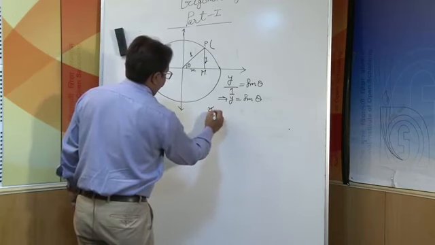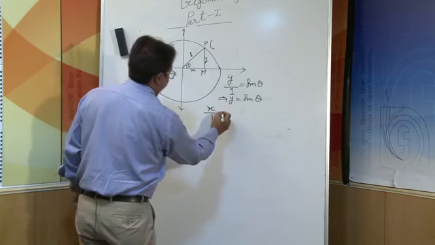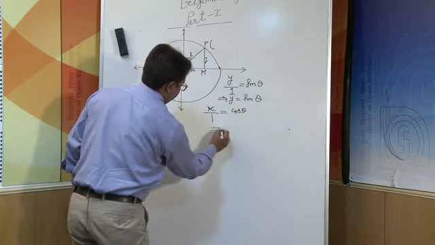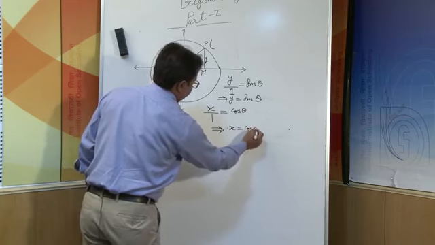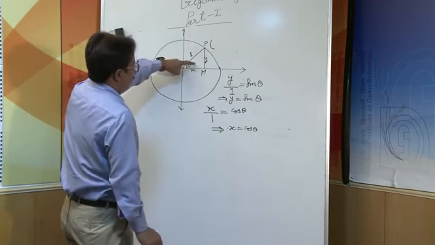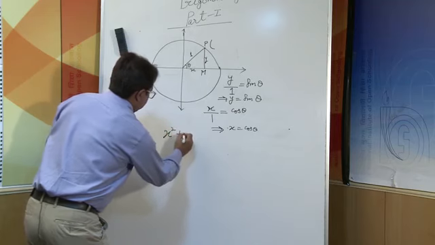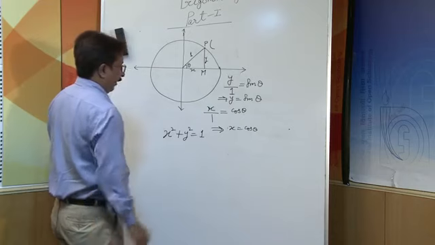Likewise, x upon 1, means base upon hypotenuse, equal to cos theta. So, it gives us the value as x equal to cos theta. In this triangle, if we apply Pythagoras, we get x square plus y square equal to 1.